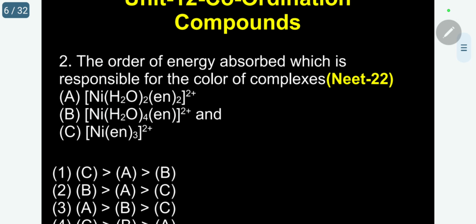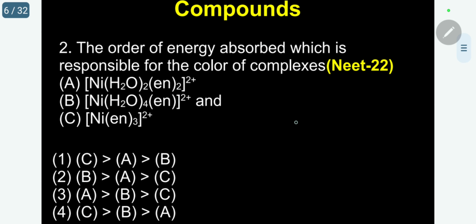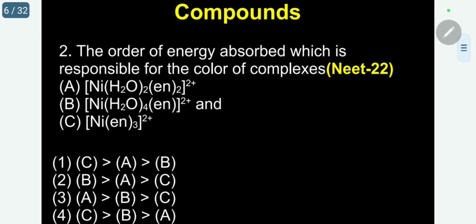Kindly follow. The order of energy absorbed, which is responsible for the color of the complexes. This question was asked in NEET 22. A, [Ni(H2O)2(en)2]2+.